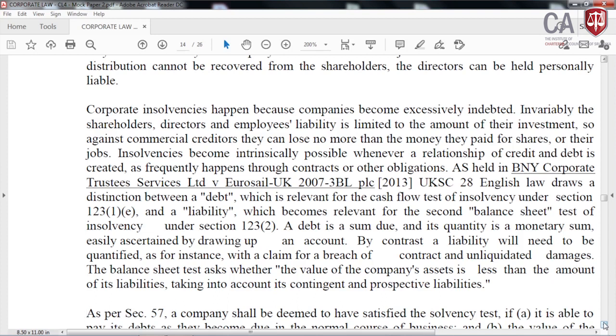Insolvencies become intrinsically possible whenever a relationship of credit and debt is created, as frequently happens through contracts or other obligations. As held in BNY Corporate Trustee Services Limited v Eurosail, English law draws a distinction between a debt which is relevant for the cash flow test of insolvency under section 123 of the English Insolvency Act, and a liability which becomes relevant for the second balance sheet test of insolvency.